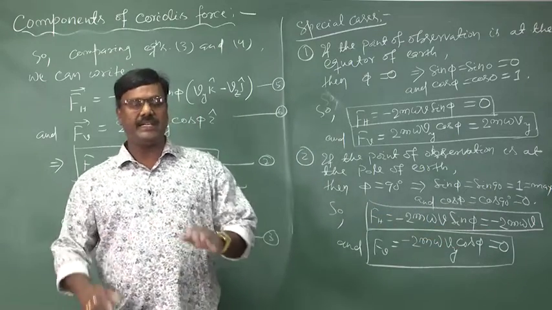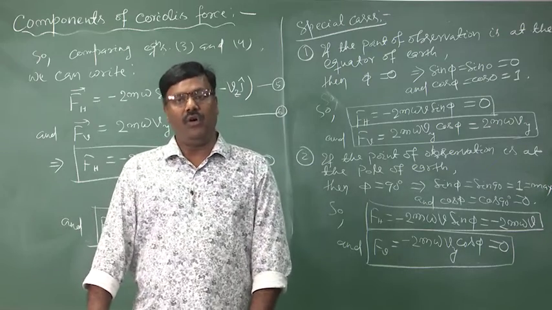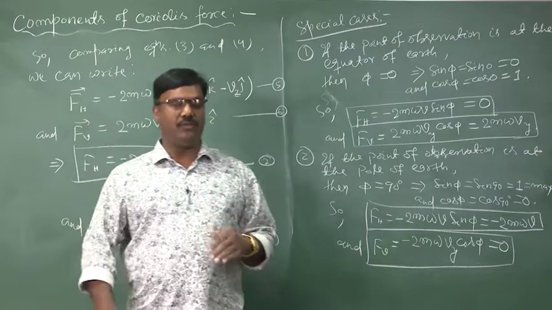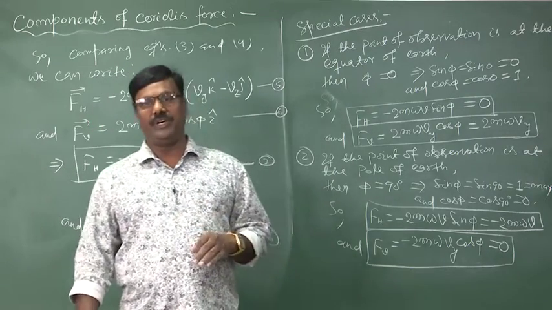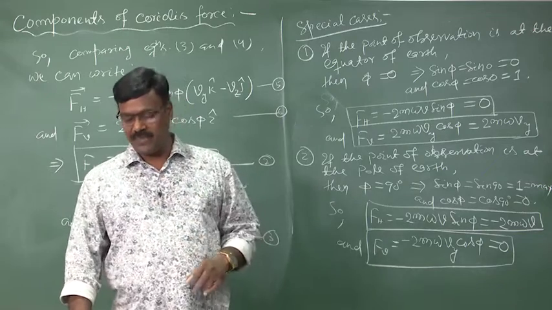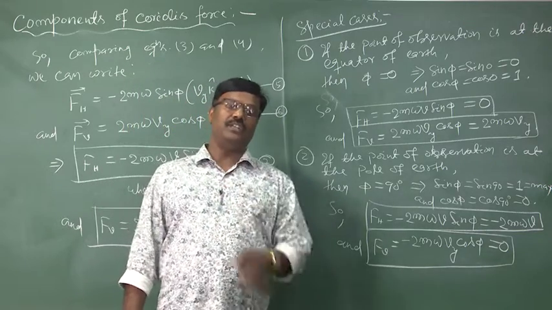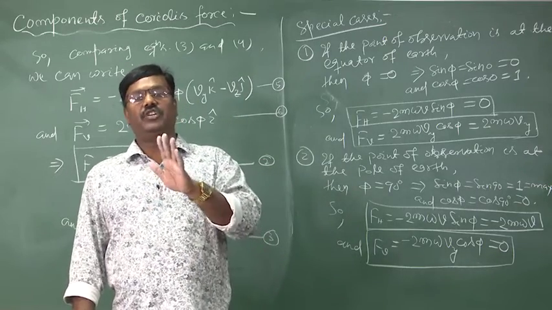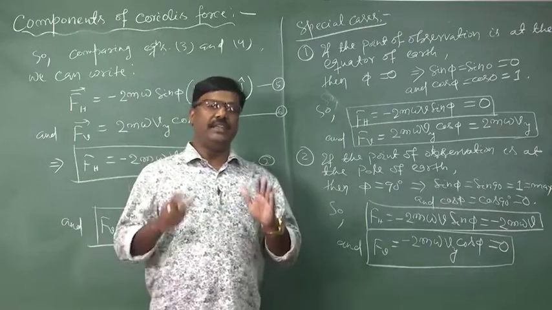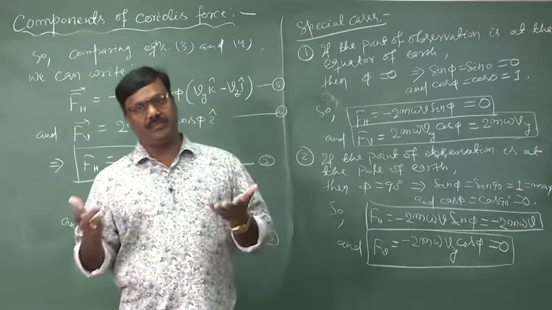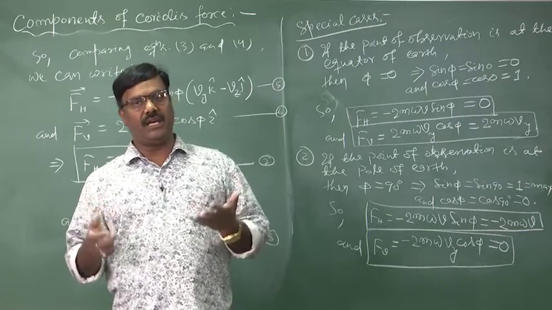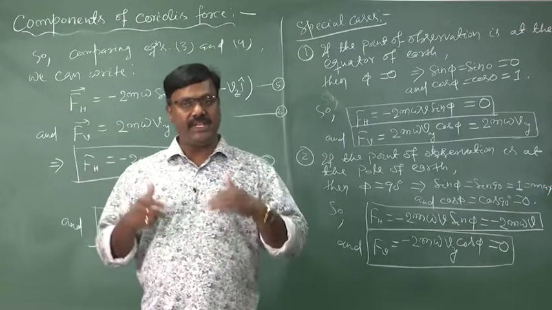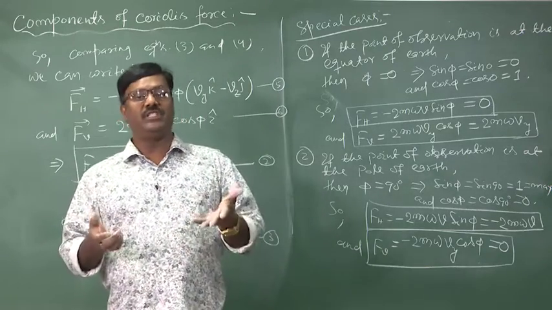But besides equator and pole, at all other points on the surface of earth, both the horizontal component and the vertical component of Coriolis force exist, and the effect of Coriolis force is vital on the bodies moving on the surface of earth, because our earth is considered as a rotating frame, which is a non-inertial frame, and a body in motion in a rotating frame experiences an imaginary force, which is the Coriolis force.